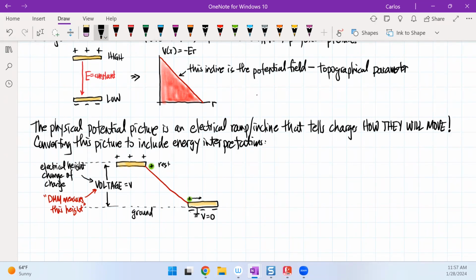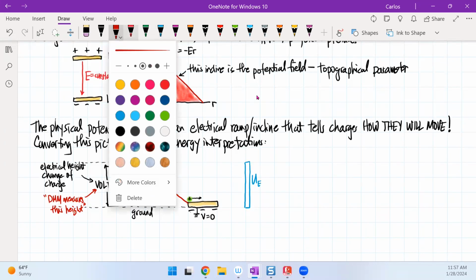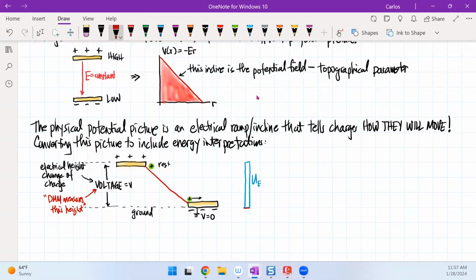So from an energy standpoint, the charge has initially this amount of electrical potential energy, and it has this amount of kinetic energy initially. By conservation of mechanical energy, this has to be a constant.